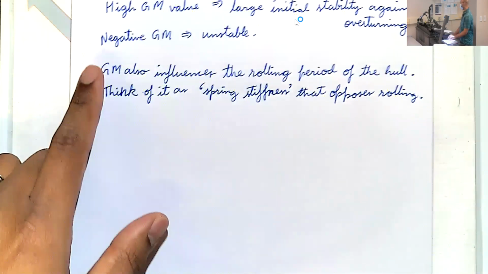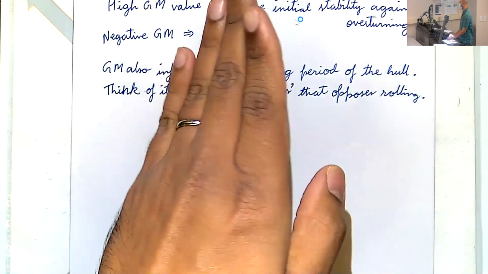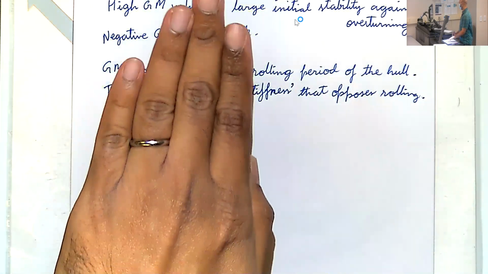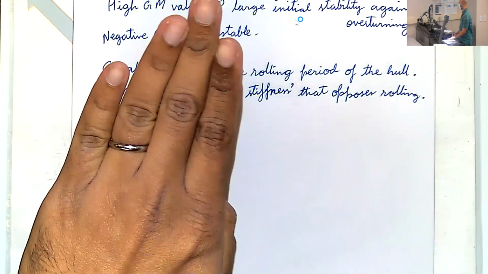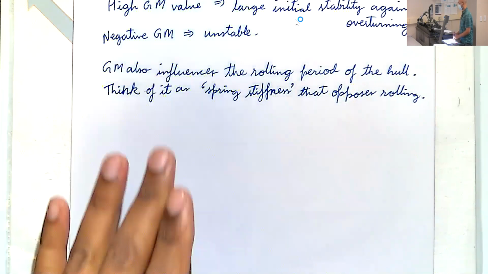If you have a low GM, the roll goes on forever. So it's a very slow roll, but undamped. If you have a high GM, you get a very short rolling period because you get back to being straight almost immediately.